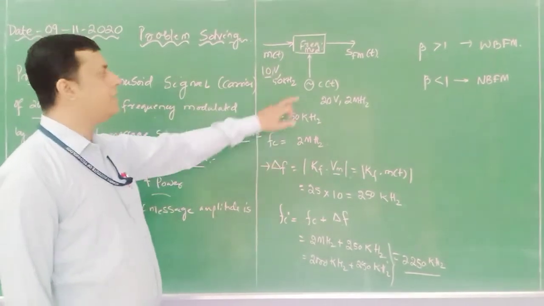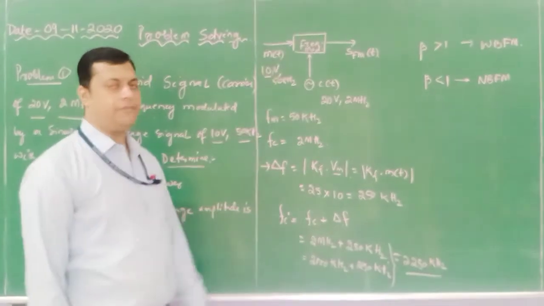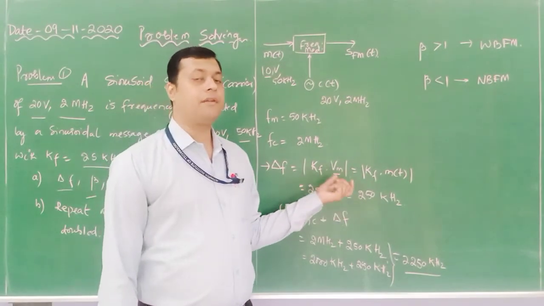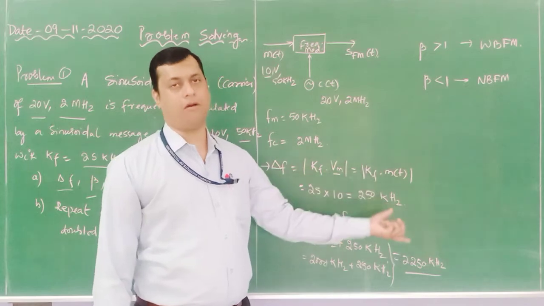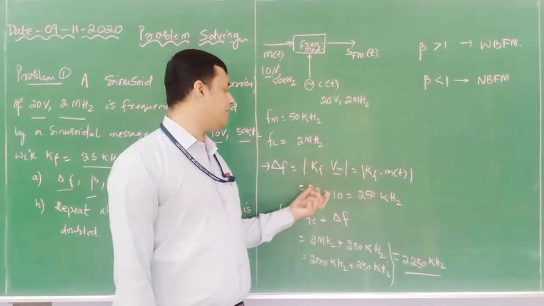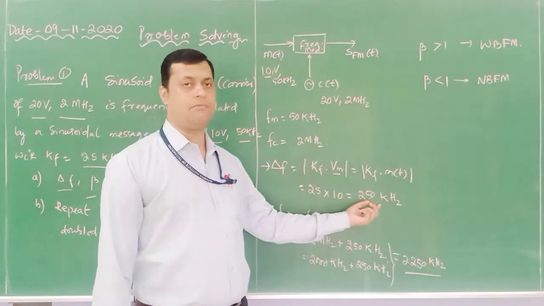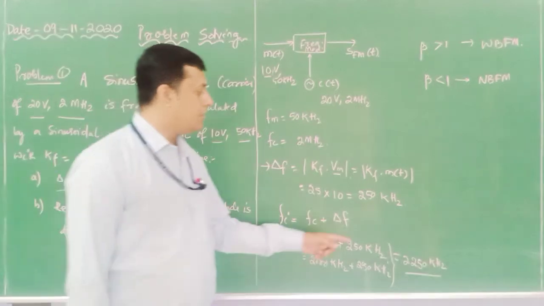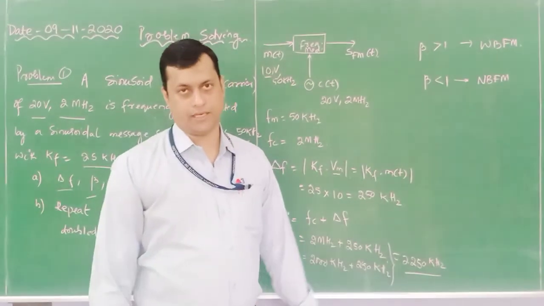Our carrier is 2 megahertz. Del f is the multiplication of frequency sensitivity with m of t, so frequency sensitivity into Vm is nothing but your del f. Instantaneous frequency is 2250 kilohertz.